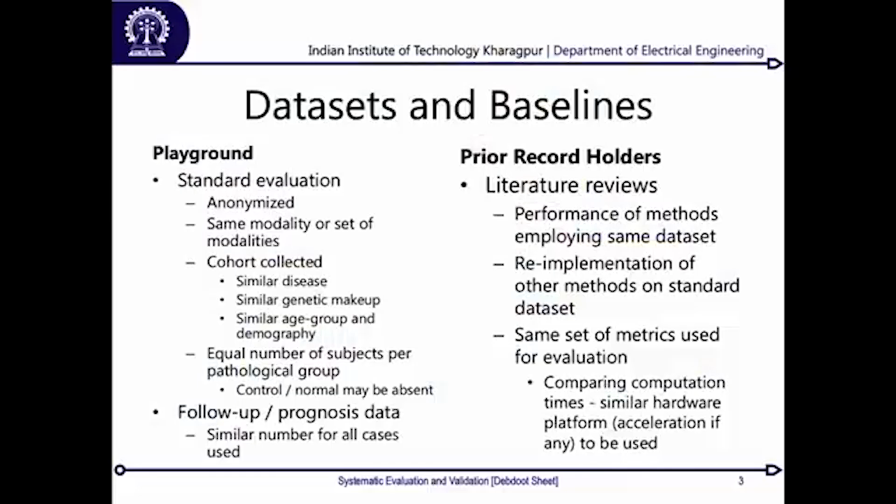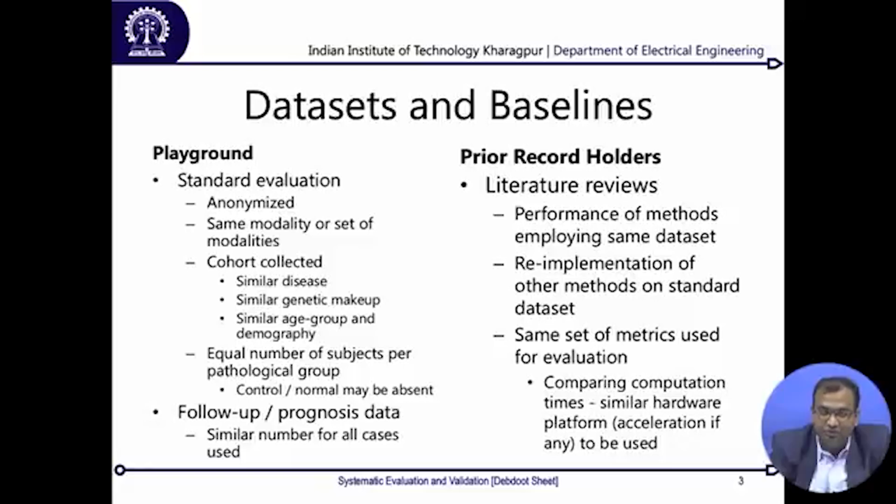CT images. The next one is that you need to have a cohort from where you are going to collect all the data, and this cohort means that you need to have a similar set of diseases. So if you are trying to quantify certain cardiovascular diseases, then you will necessarily need to know that all of these subjects come with a prior history of cardiovascular problems, or they are perfectly normal as far as cardiovascular problems are concerned.